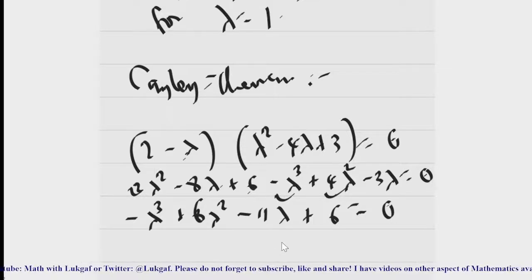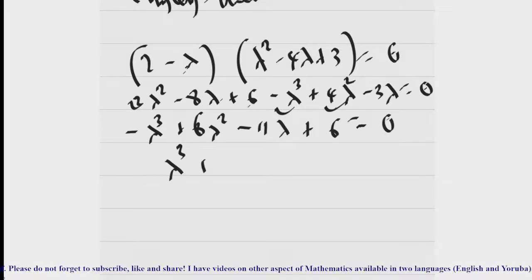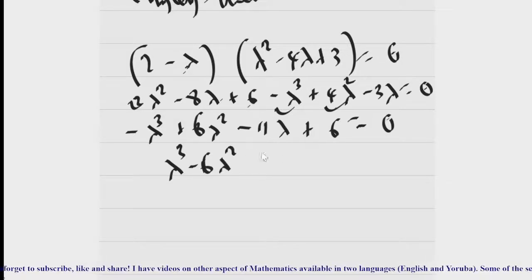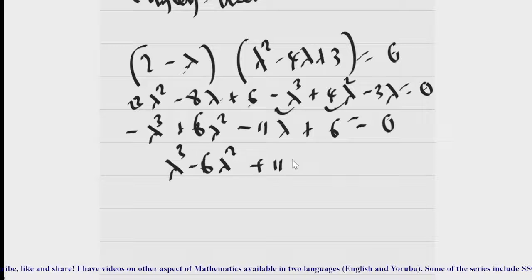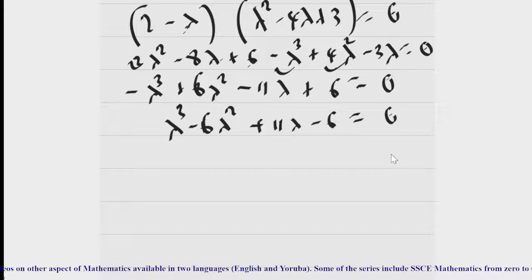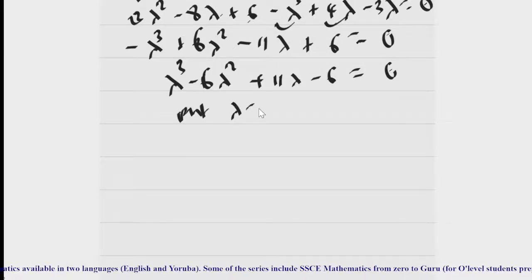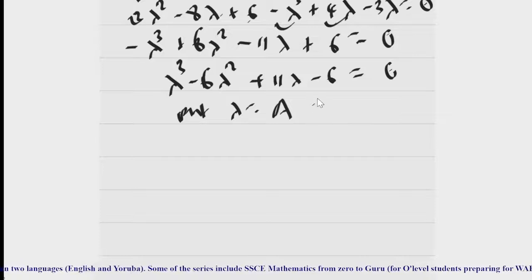So if you want to show Cayley Hamilton theorem now, if I were you, I can multiply through by negative, then I have lambda cube minus 6 lambda squared plus 11 lambda minus 6 is equal to 0. So from here, you can just put lambda is equal to A. You understand now? You know that's what you are going to do to see whether your matrix A satisfies it.